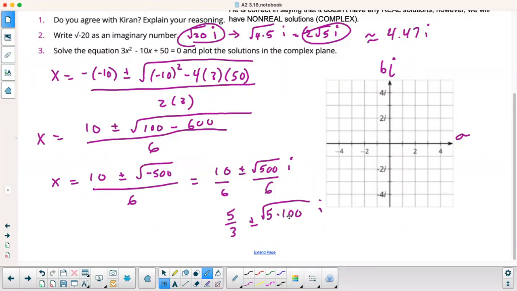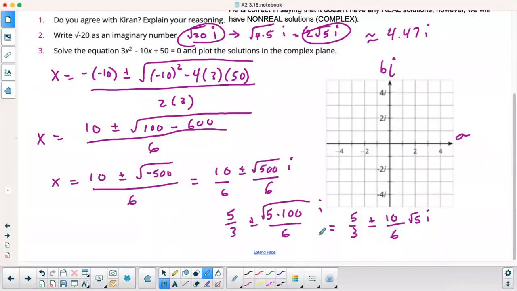And I chose these factors because 100 is a perfect square. So then I can take the square root of 100. So it's 10. And then I can reduce that.